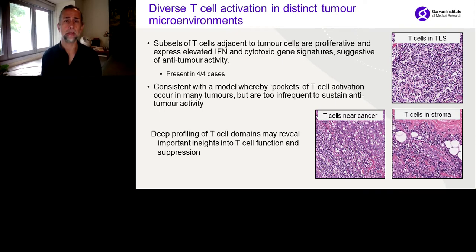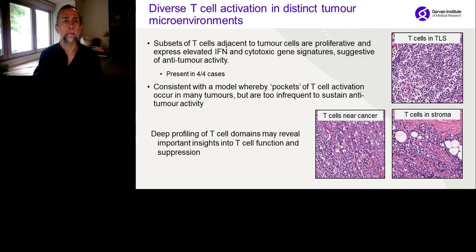So despite these tumors growing, these women presenting with disease, there appear to be what you could call pockets of resistance, pockets of T cell activation occurring in these tumors, but perhaps these are too infrequent to sustain sufficient anti-tumor activity. And so our thinking here is that if we can understand more about these pockets of resistance, we might understand how we can make them expand in number and in scale.